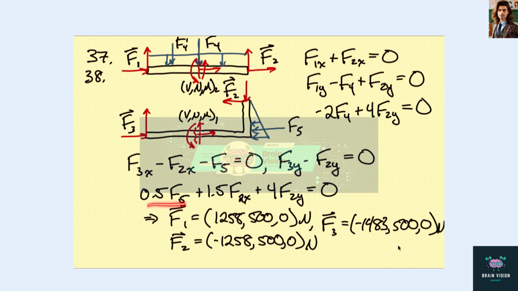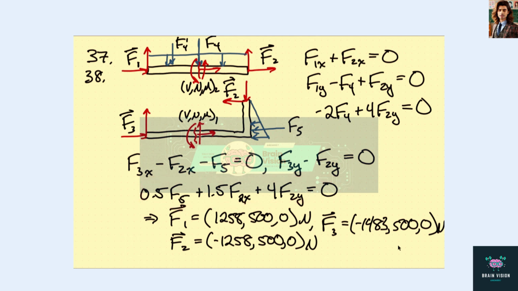And for moments, this distance from here to here is 1/3 of this distance, which is 0.5 meters. So we have 0.5 times F5. And then the x component of this internal force here generates a moment about this point, and that's 1.5 F2x. And the y component also generates a moment, and that's 4 F2y. So that needs to be 0.